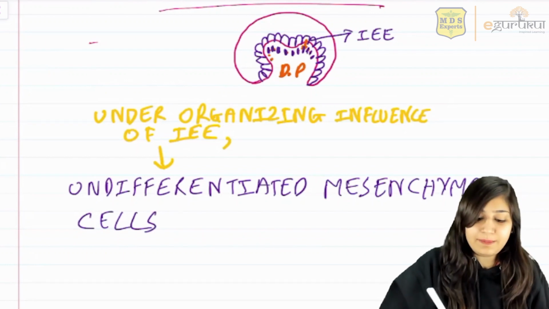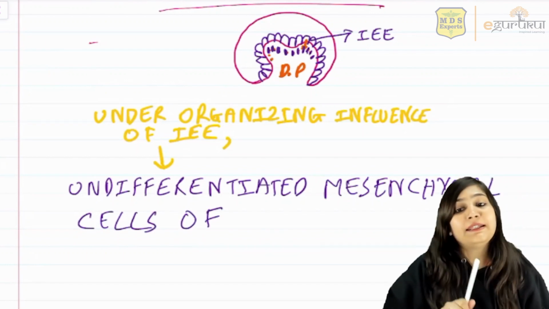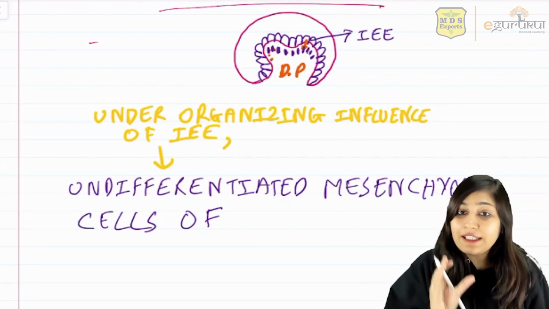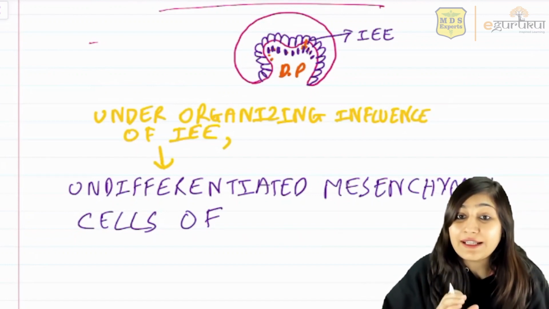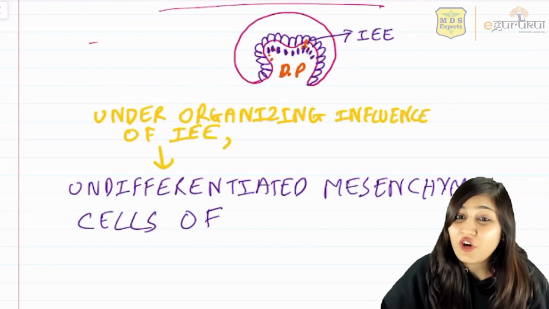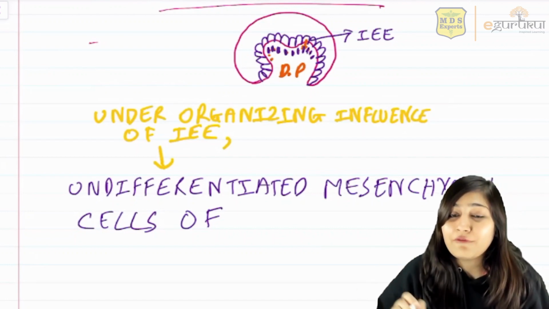Of dental papilla. DP, again DP. D will form DP, dental papilla, is involved in the formation of what? D for dentin and P for pulp.